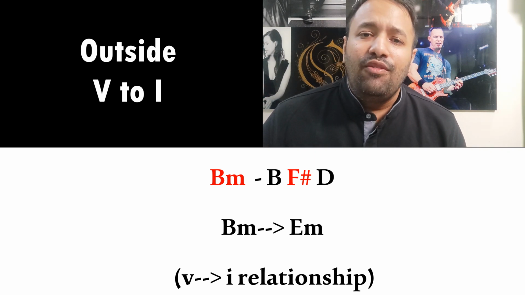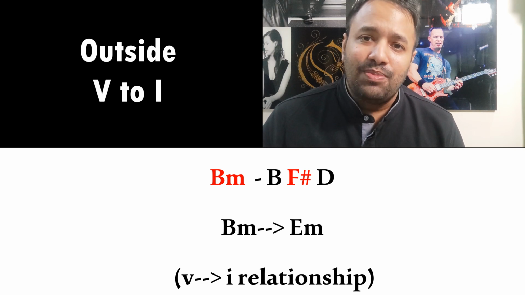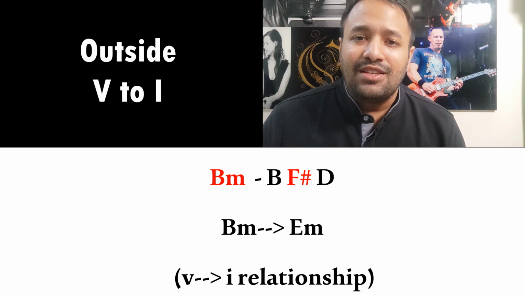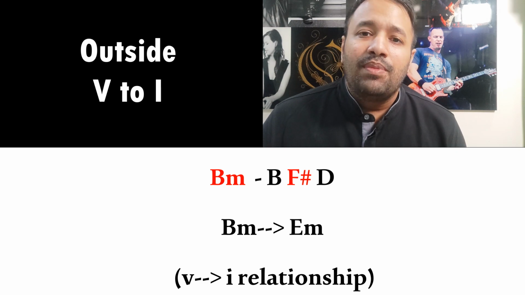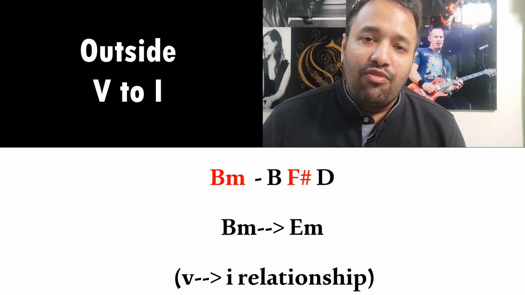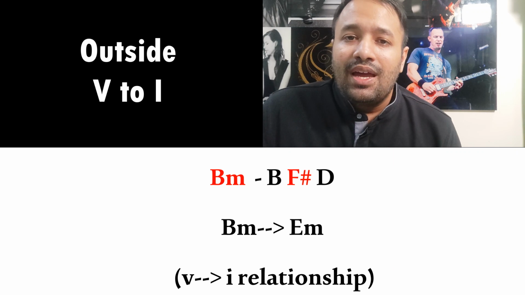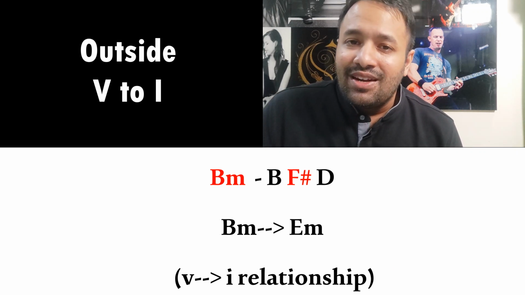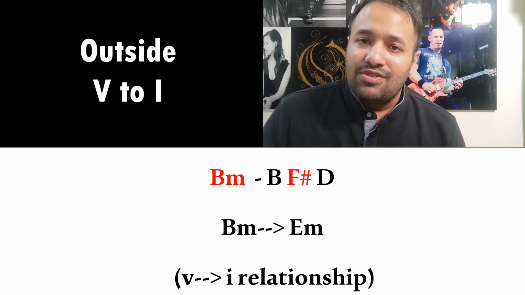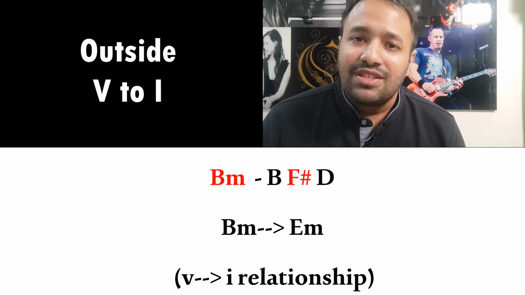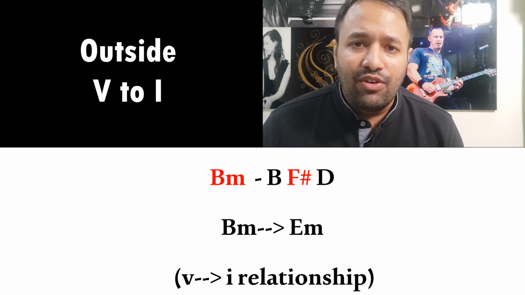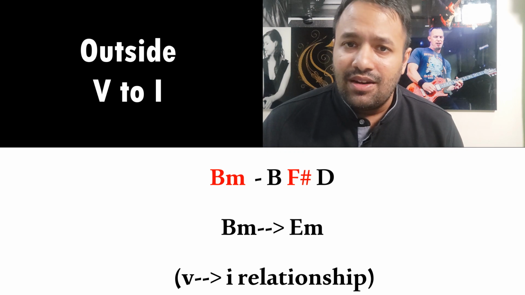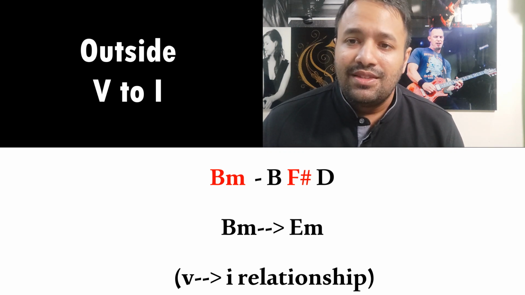So this is a 5 to 1 cadence, and this B minor is again a non-diatonic chord because it has the note F sharp. We have B, F sharp and D. That F sharp note adds a very interesting tension that then resolves nicely into the normal diatonic chord, which is the E minor. Then again we go to the F and back to the C, which are again the chords which we have already seen that exist in the framework of the C major.